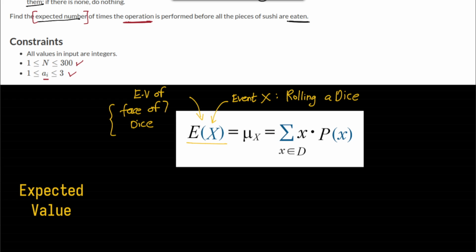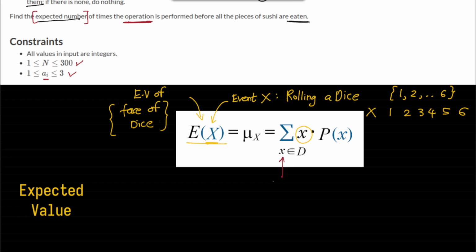So this could be the value that we want to compute. In that case, this variable x can take, let's say the die has values from 1 to 6, then this variable can take values 1, 2, 3, 4, 5 and 6.